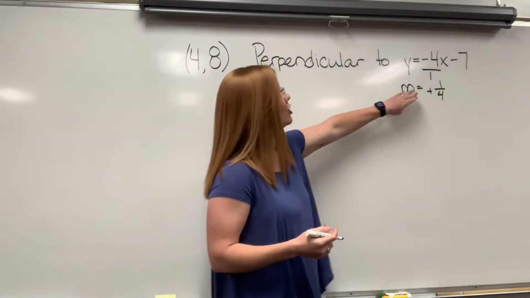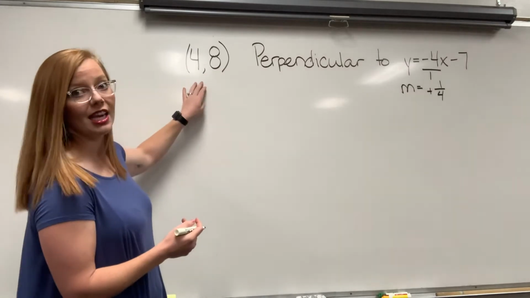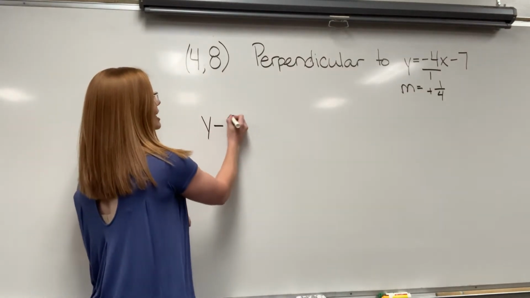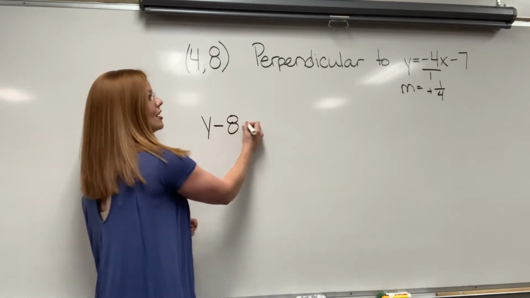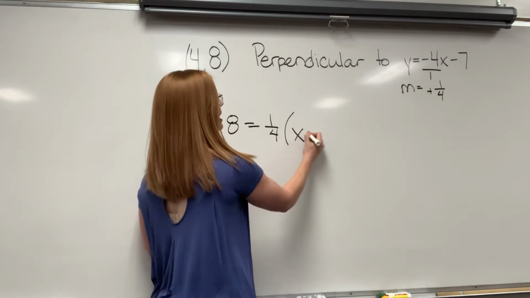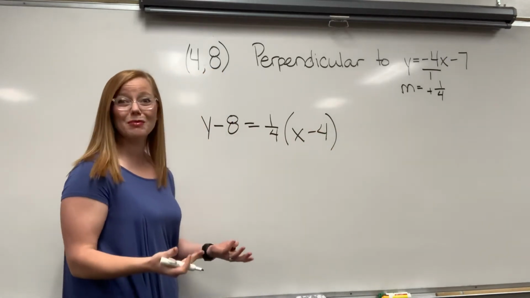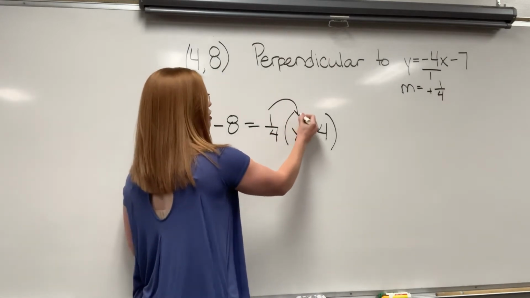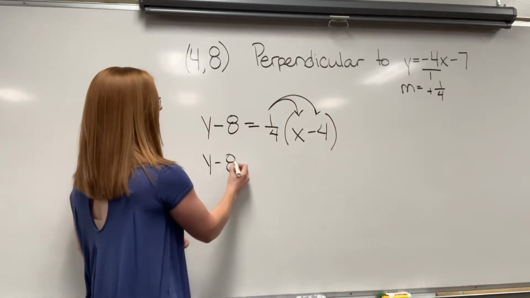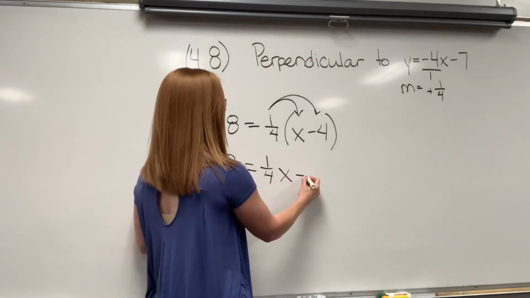So I take my new slope, my perpendicular slope, and the point that they gave me and plug it into point slope form. y minus the y that they gave me equals my slope times x minus the x that they gave me. Now we're doing the same stuff from last week. Distributive property with your slope. y minus 8 equals 1/4 x minus 1.